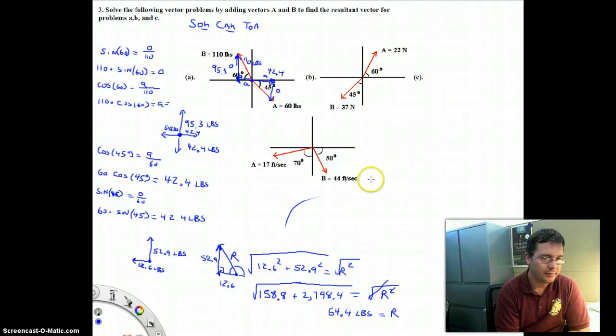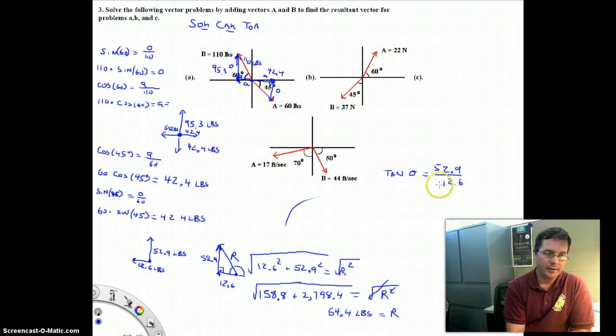So what do we know? Well, we know the opposite and adjacent sides. So tangent of angle theta equals 52.9 over 12.6.